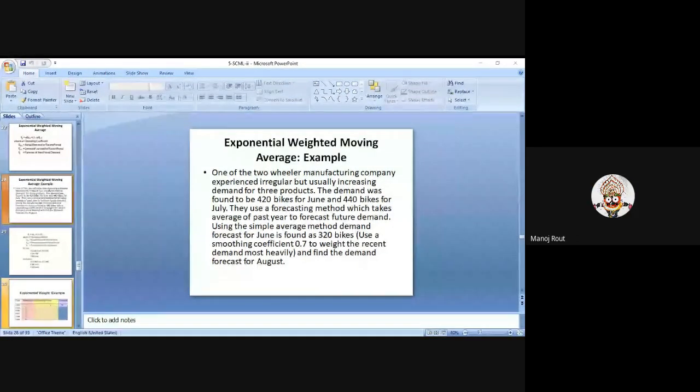Deepak Mishra, what is your answer? 390. For which month? July. Okay. Ghanshyam Jana, what is your answer for July? Sir, solving. Okay. Soumya, what is your answer?